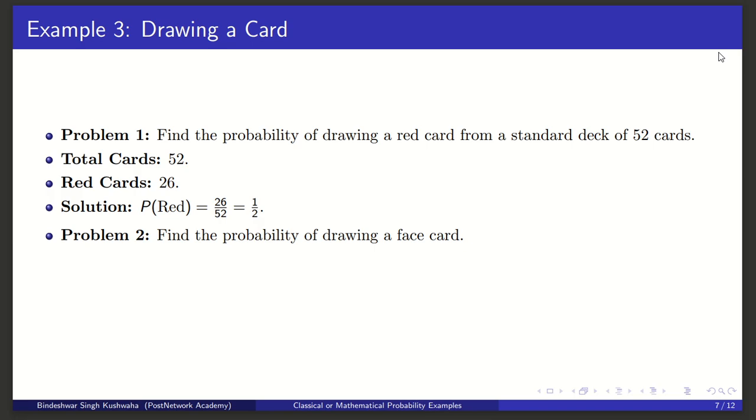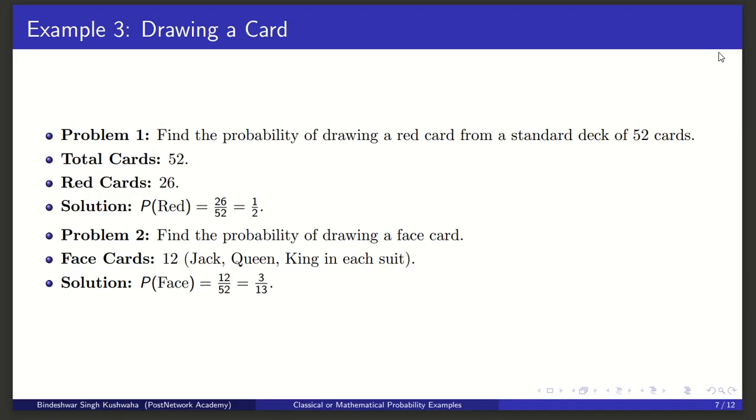Let us see another problem. Find the probability of drawing a face card. Face card means it may be jack, queen, king. So there are 12. The probability of getting a face card is 12 upon 52, and that is 3 upon 13.